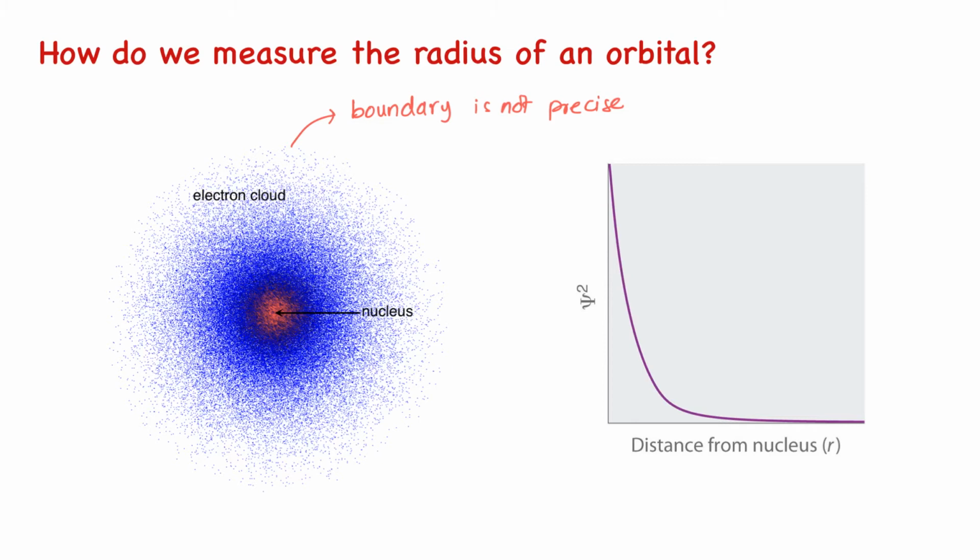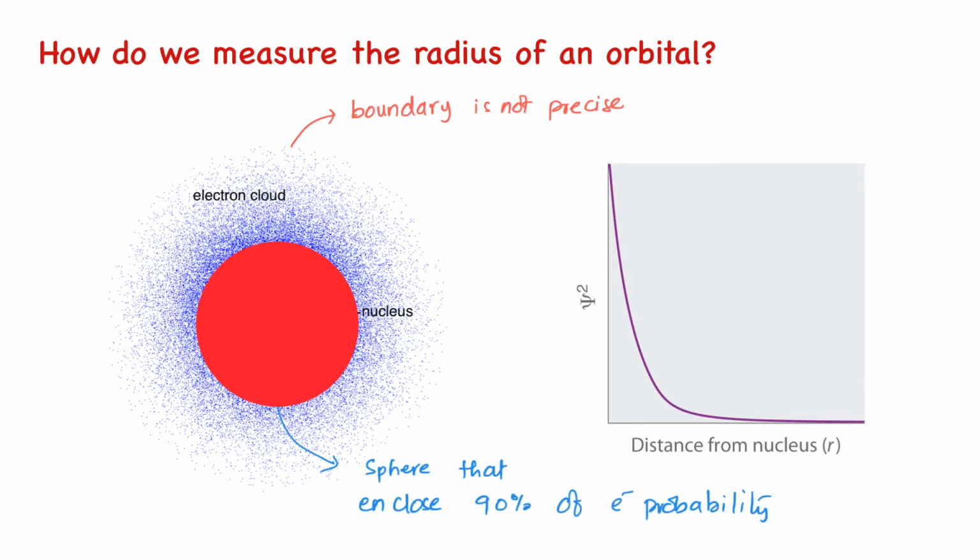We take the electron dot plot and draw a sphere around the nucleus that encompasses around 90% of the electron's probability. The radius of this sphere is defined as the radius of the 1s orbital. For hydrogen, this is equal to 2.6 times a0, where a0 is the Bohr radius, which is equal to 52.9 picometers.